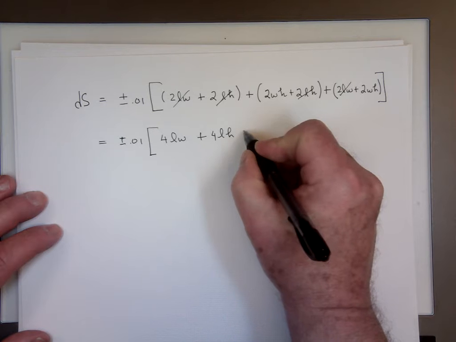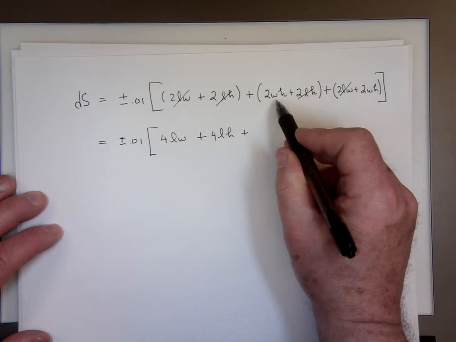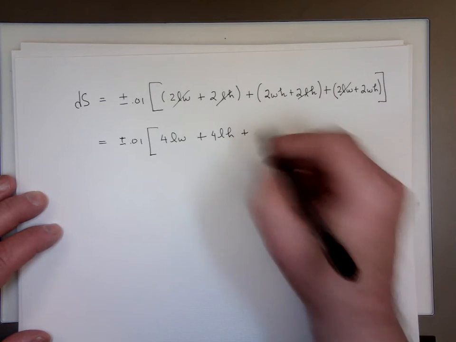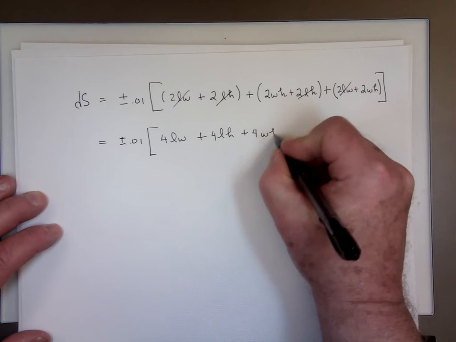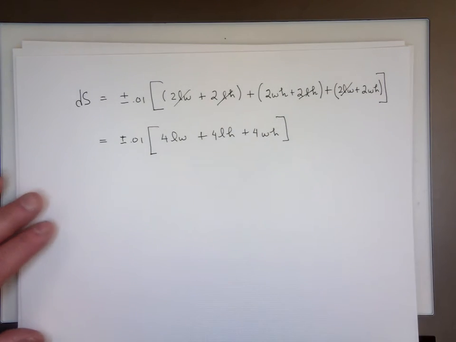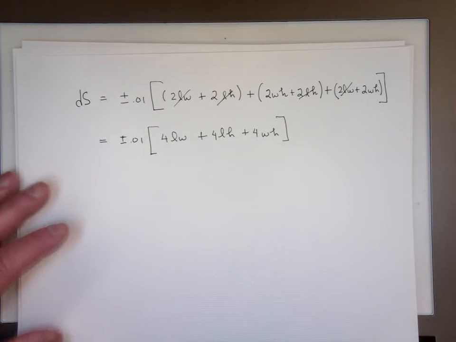Plus, I have 2 WHs plus 2 more. I have 4 of those guys as well. Okay. Now, believe it or not, what I want to factor out front from what's inside the square brackets is not a 4. What I want to factor out front is a 2. Okay? So I'm going to have this.